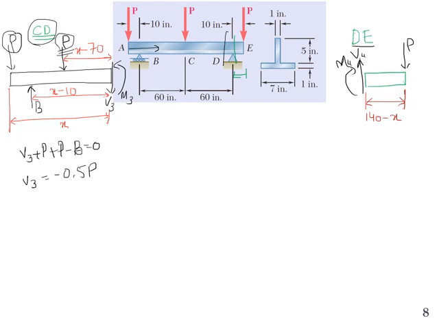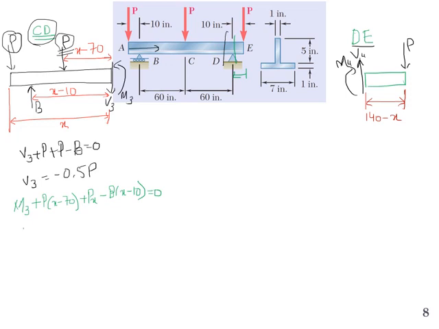M3 plus P into x minus 70 plus P into x minus B into x minus 10, and this will be equal to 0.